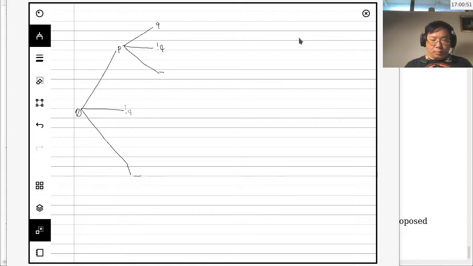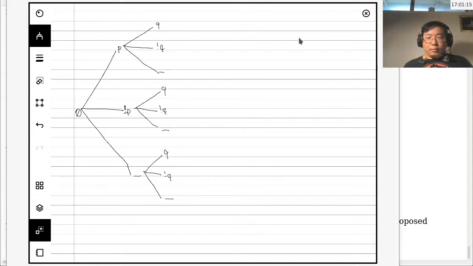Okay, I made a mistake here. This is supposed to be not P. So what if we choose not P to begin with? Well, it doesn't change what options we have for Q. So Q has Q, not Q, and missing entirely. What if P is missing entirely? Well, it doesn't matter when we get to Q, because we still have the same three options for Q.